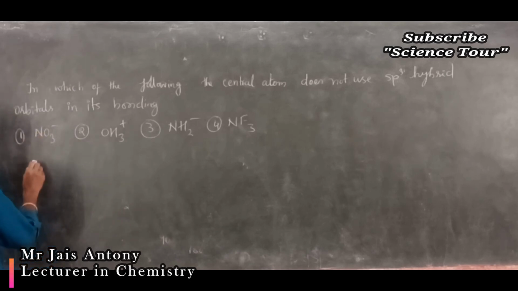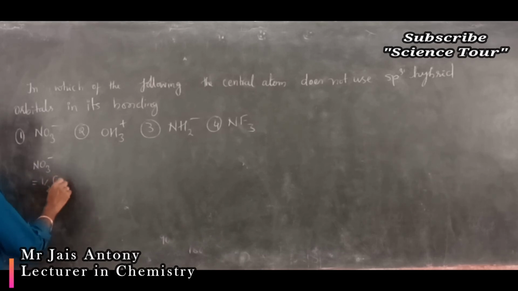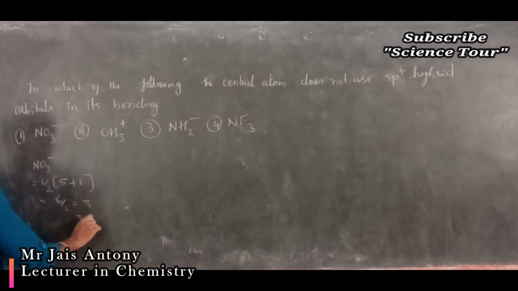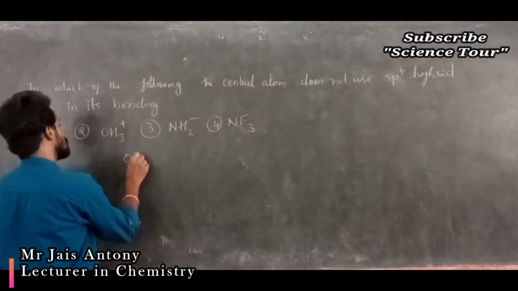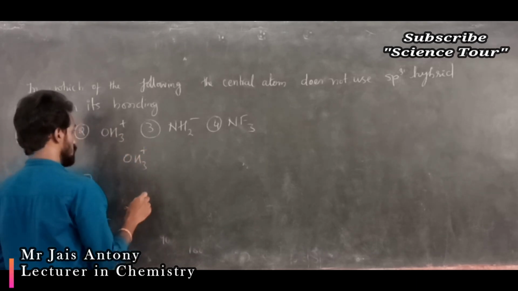Here NO3 minus: nitrogen has 5 valence electrons, plus 1 for the charge, so 6. The oxygens are divalent, no need to consider them. 6 divided by 2 means 3, so sp2 hybridization. Next, H3O plus, the hydronium ion.